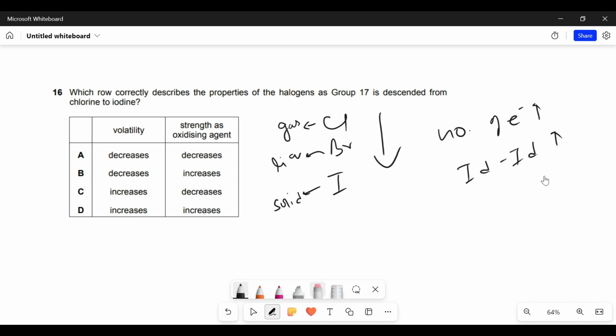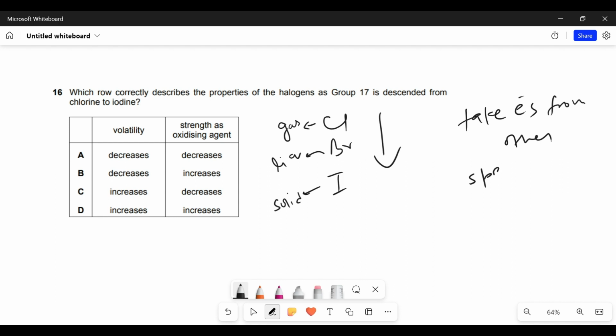Let's talk about strength as oxidizing agent. Oxidizing agent means the tendency to take electrons, right? Because it has to oxidize other species, means take electrons from other species so that it can oxidize them.